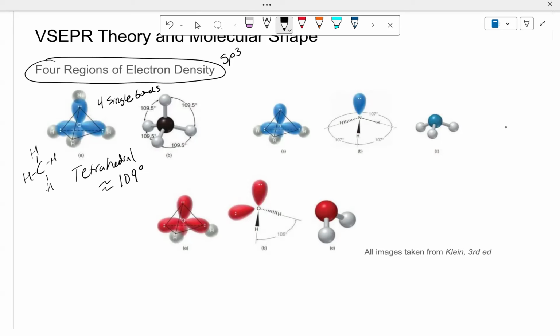Now, if we go to a molecule like, for example, ammonia, ammonia still has four regions of electron density. And you would think, well, we should call that tetrahedral. The problem is that lone pairs occupy more space.